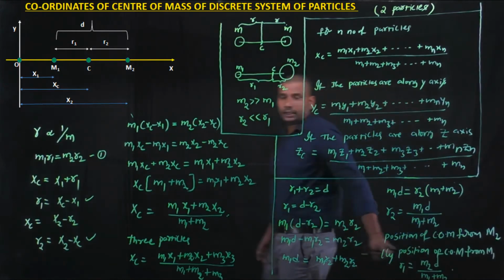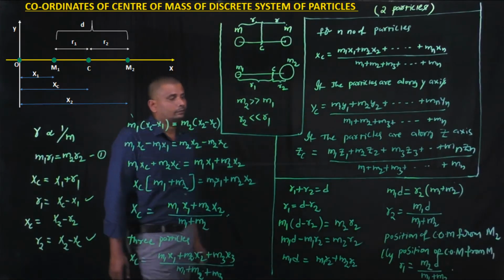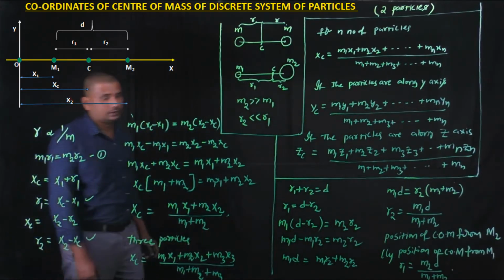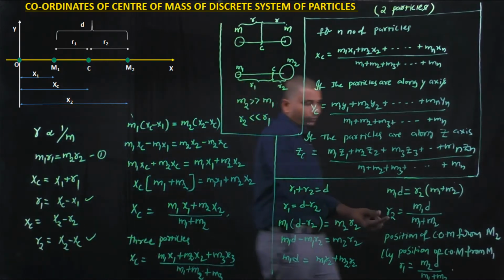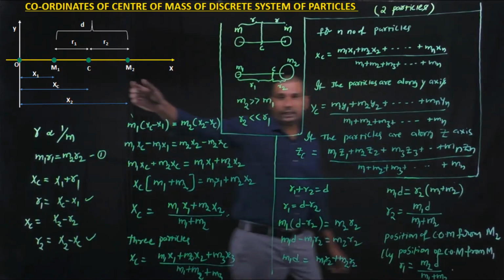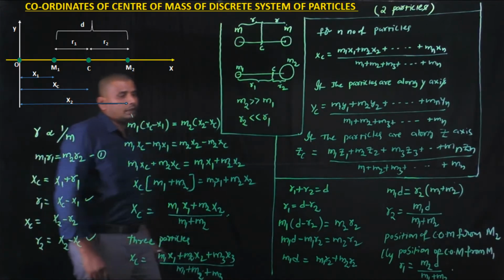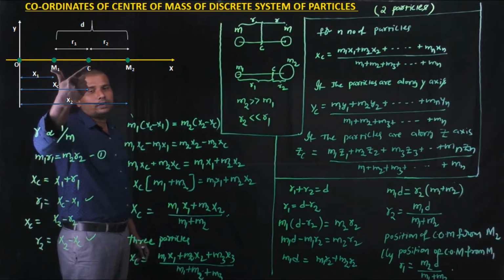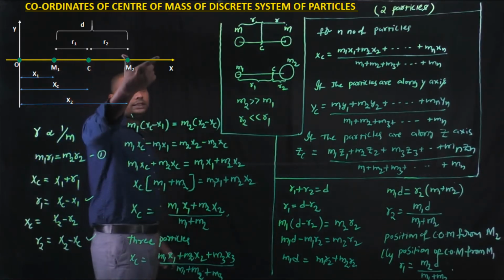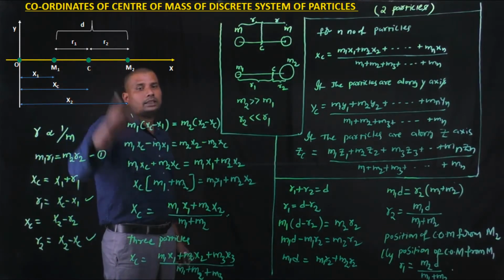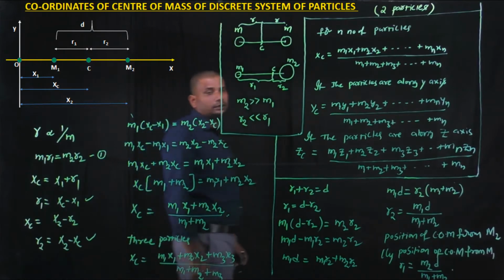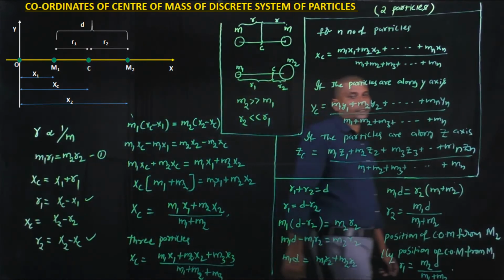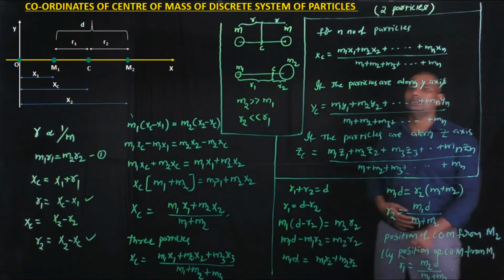These are the expressions for the position of center of mass from the particles. Okay, r1 is the position of center of mass from the first particle, and r2 is the position of center of mass from the second particle. Okay, these are the different expressions to find out the center of mass.